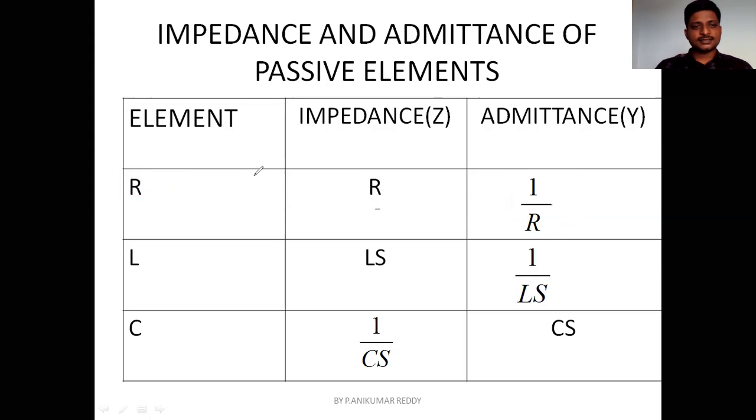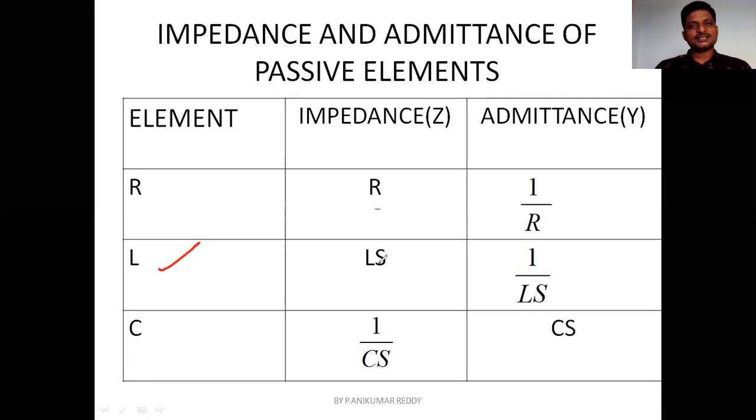For an inductor, the impedance is Z equal to L into S, because when you want to write the impedance of an inductor in the time domain, the voltage drop across the inductor will be L into di by dt. If you apply the Laplace transform to that, it gives L into S into I of S minus I of 0 plus.